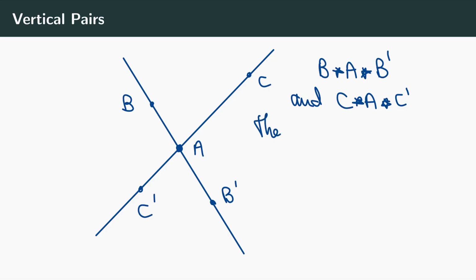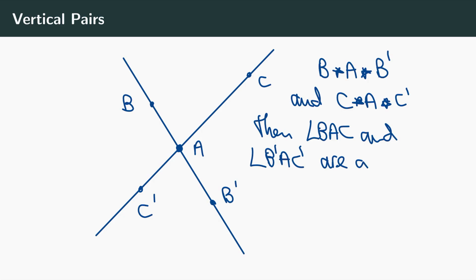Then we say that angle BAC and angle B prime AC prime are a vertical pair. If I have one vertical pair, I'm going to label it maybe like so.